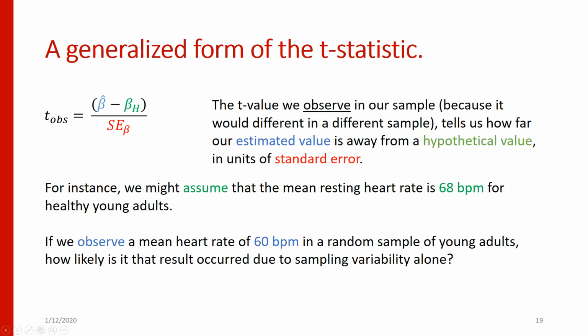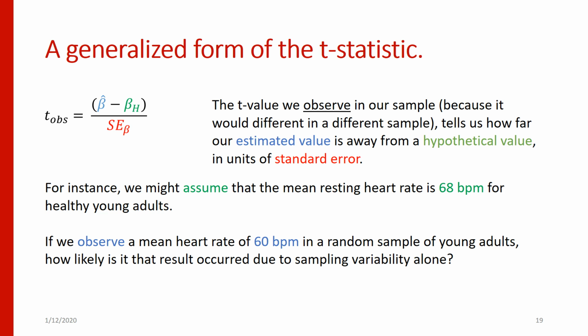But this can also take on other hypothetical values that we might be interested in. So for instance, we might assume that the mean resting heart rate is 68 beats per minute for healthy young adults. And what that then would mean is that we're assuming, right, that beta sub h is 68. We're saying that out in the population, we think the true resting heart rate for healthy young adults is 68, and we're going to compare the value that we observe in our data to that value. And we will compare it by a yardstick of standard errors. So if we can calculate a standard error of beta in our sample, we can then look at the distance between our estimated value and the hypothetical value in units of standard error to get a t observed.